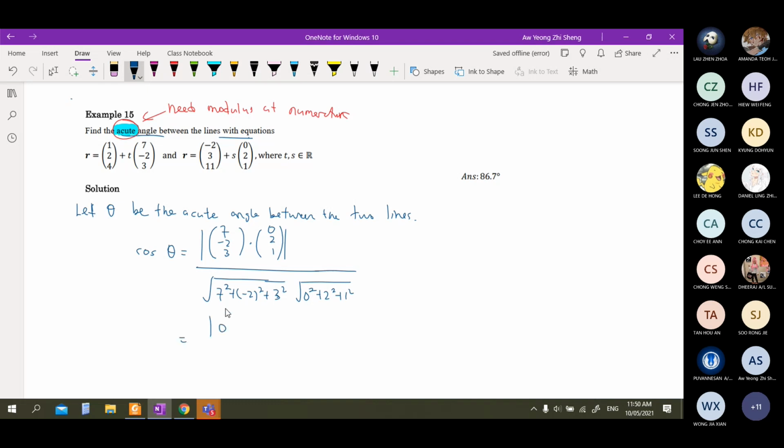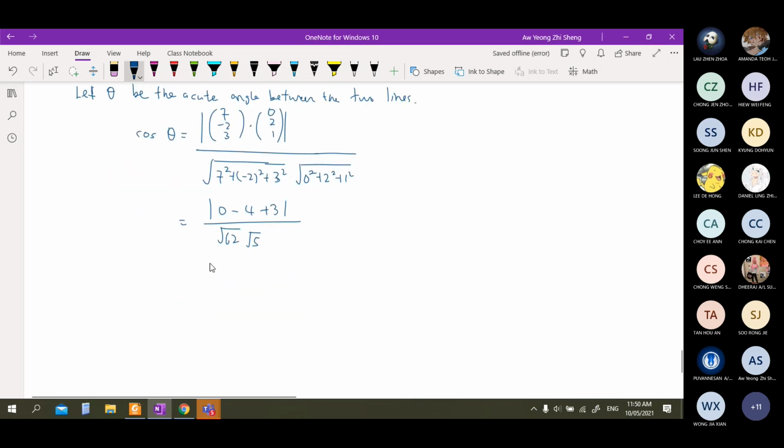At the top, you need to sum up three numbers. At the bottom, it is root 62, root 5, which is positive 1 after applying the modulus, divided by square root of 310. Then solve for theta. You will get 86.7 degrees to 1 dp. And done.